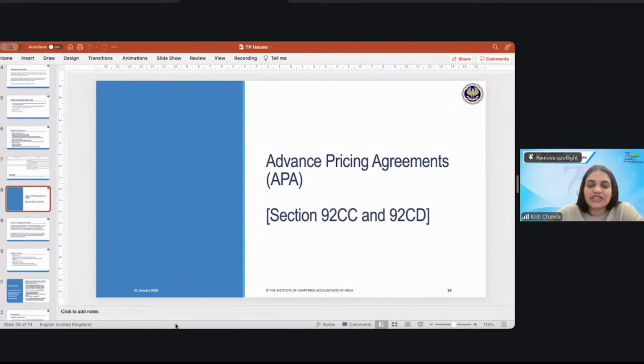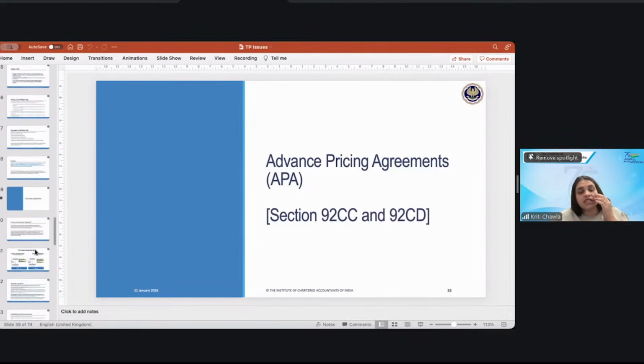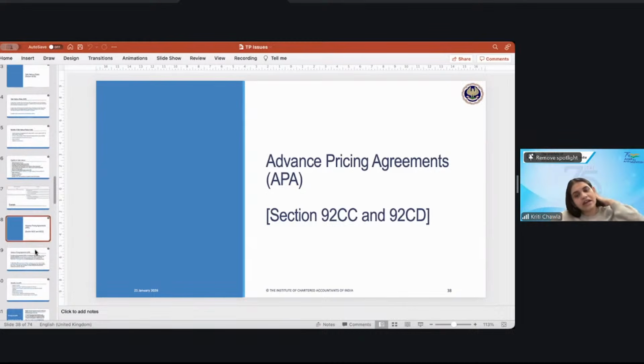Okay. Any other question on safe harbor rules? Any other question on anything that we've discussed till now? Okay, so if there are no more questions, we'll start with the next concept, which is going to stretch for a while now, which is called advanced pricing agreement.